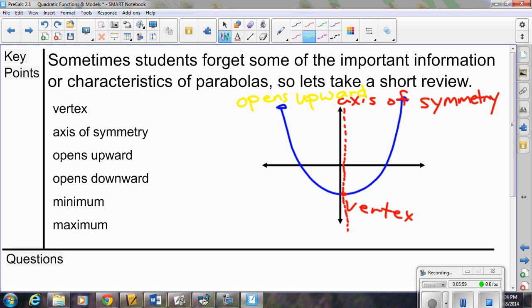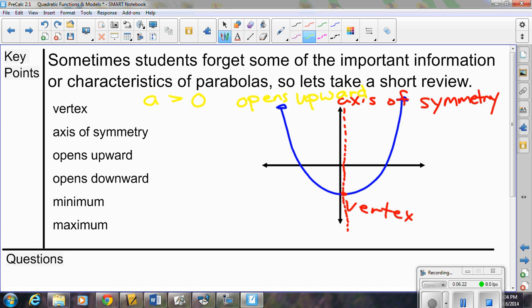There is a nice condition if you're talking about parabolas that open upward. Opening up is determined completely and totally by the leading coefficient. If you have a leading coefficient that is greater than 0, so if it's positive, your parabola will always open upward.